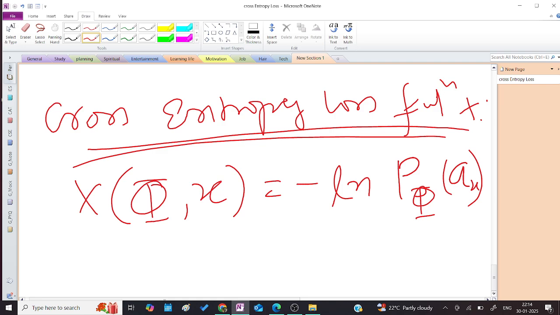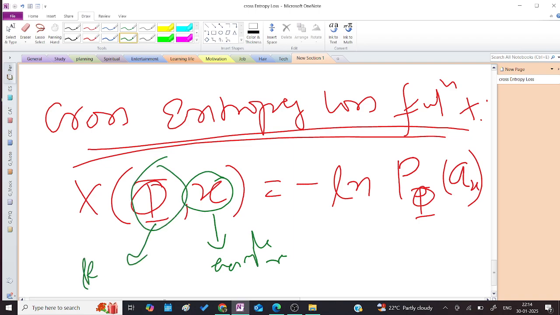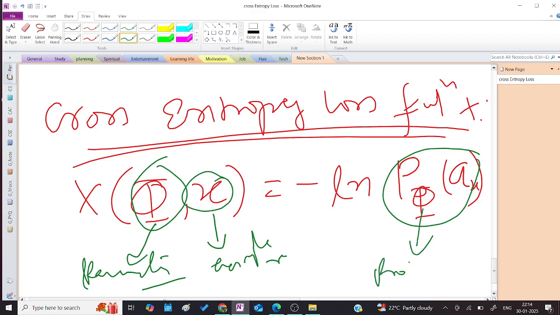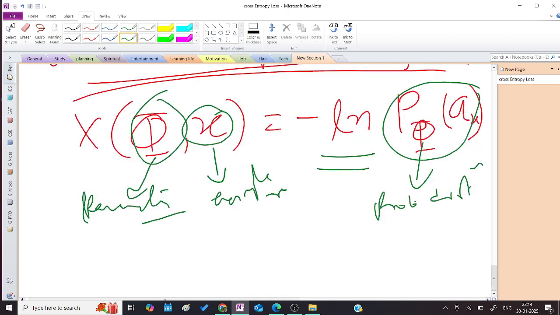So what I have written: this is an example x, and this one is the parameter phi. This is the probability distribution. And we have used the natural log, minus natural log.